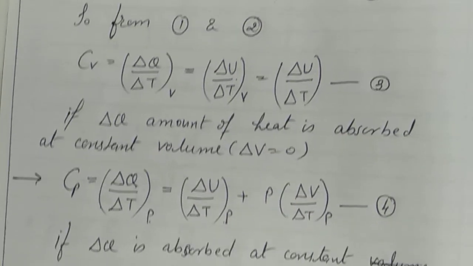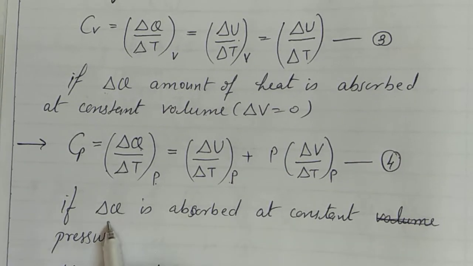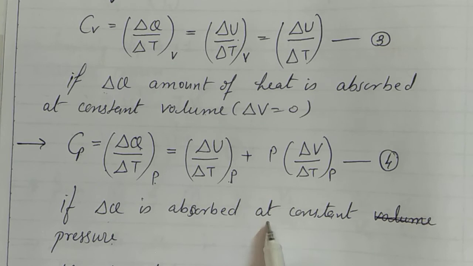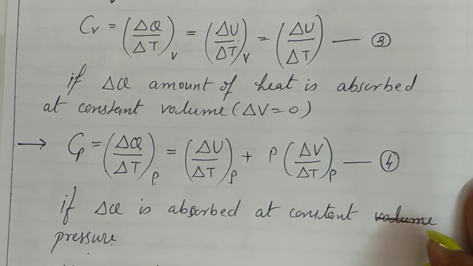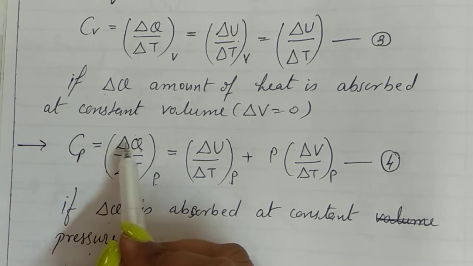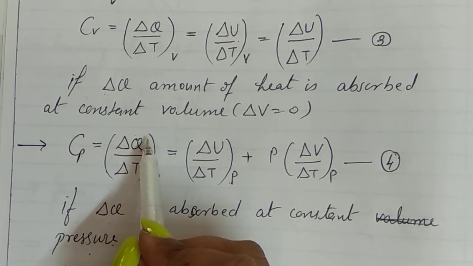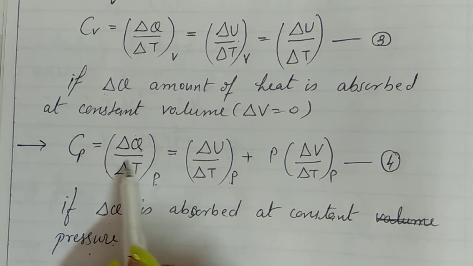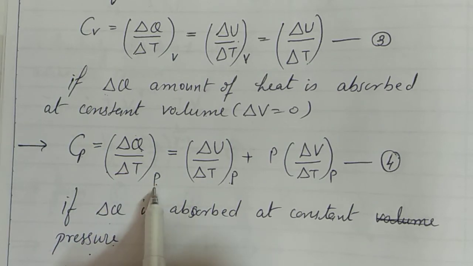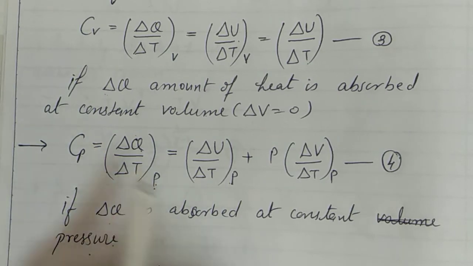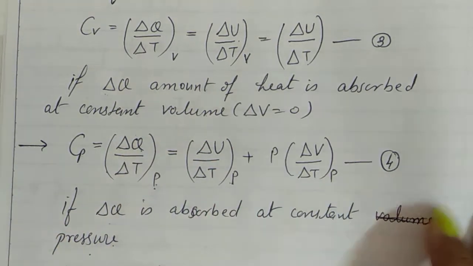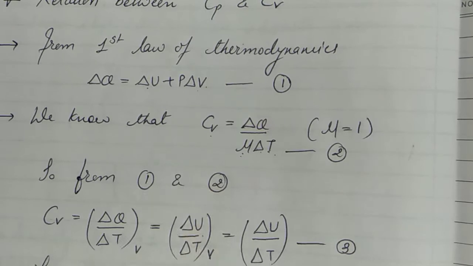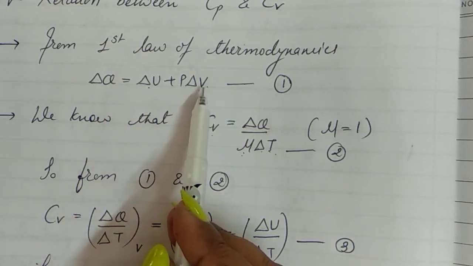Now I will obtain the value of Cp if delta Q amount of heat energy is absorbed at constant pressure. So again, by the definition, the amount of heat energy absorbed or released per unit mole of a gas to change its temperature by 1 unit at constant pressure. By using this definition, I wrote this equation, and now here I'll substitute the value of delta Q from this mathematical form of the first law of thermodynamics.